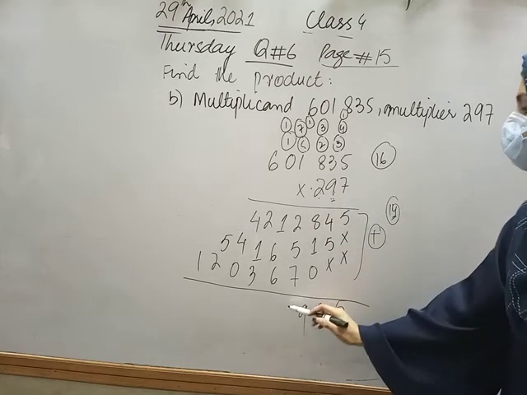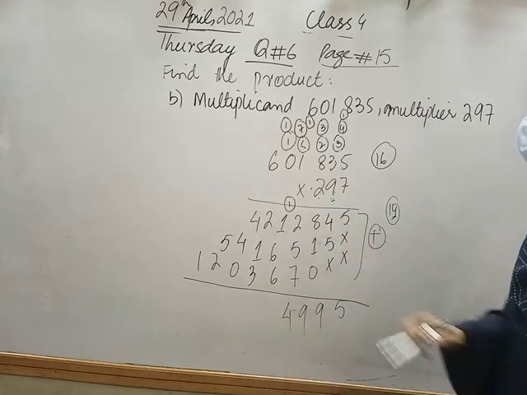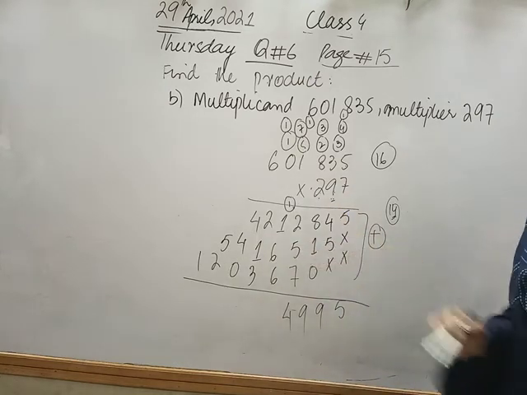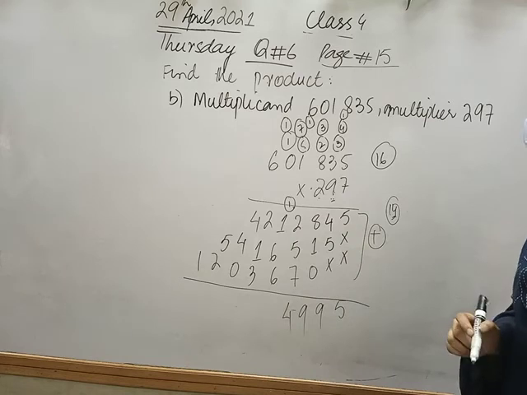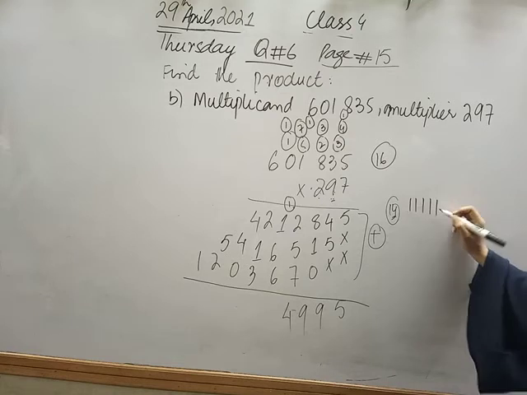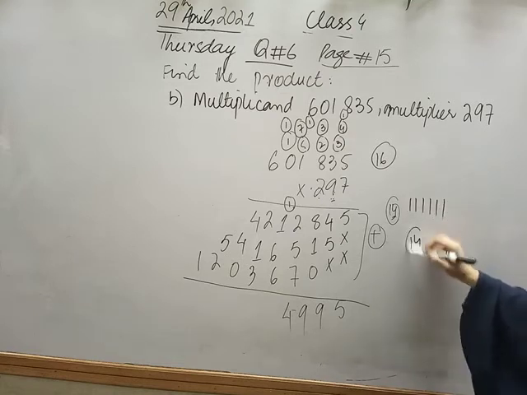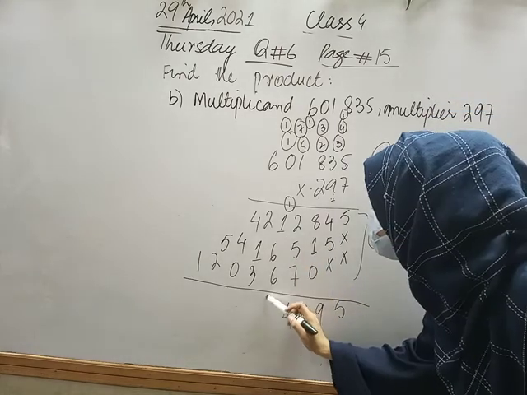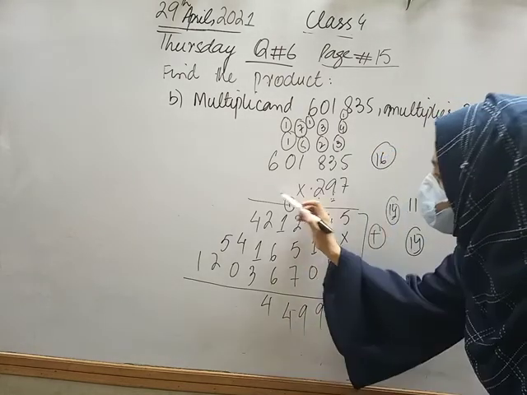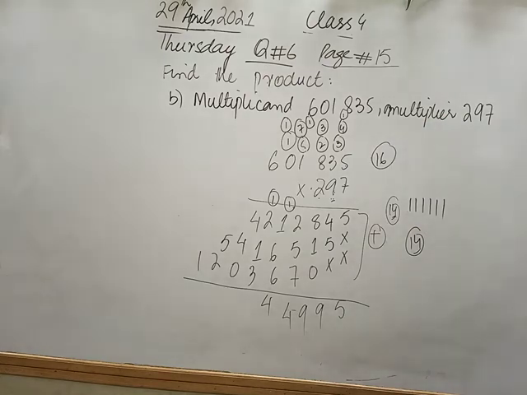A 2 digit number, so I will write 4 here and 1 as a carry. Fine. 2 plus 6 is 8 and 8 plus 6 is 14. 14, 2 digit, so I will write 4 which is at the unit place and 1 as a carry. Fine class.